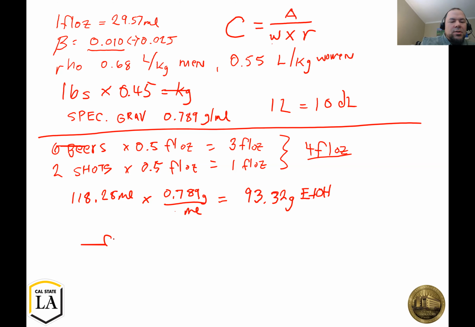So for concentration, we'll have 93.32 grams of ethanol over the 90 kilogram person for that example, times the rho, in this case, it was a man, so 0.68 liters per kilogram.